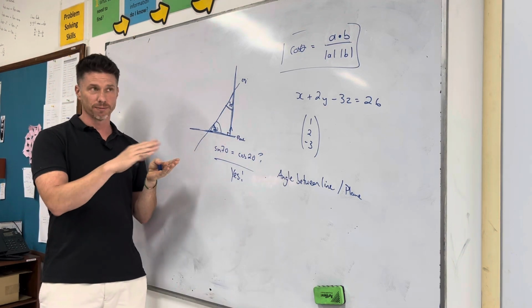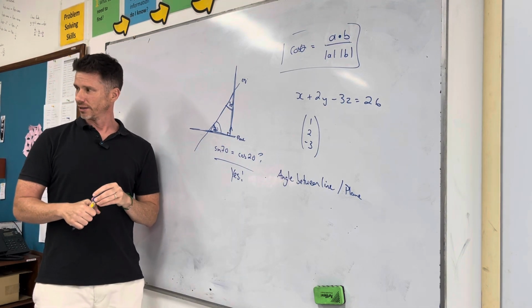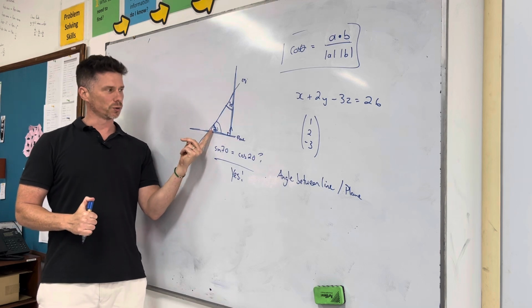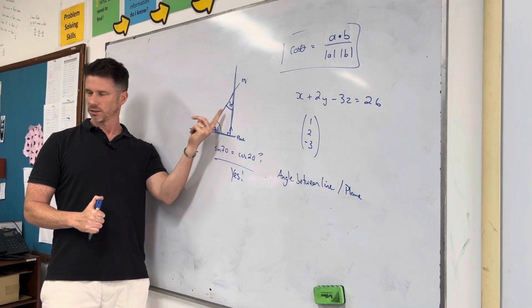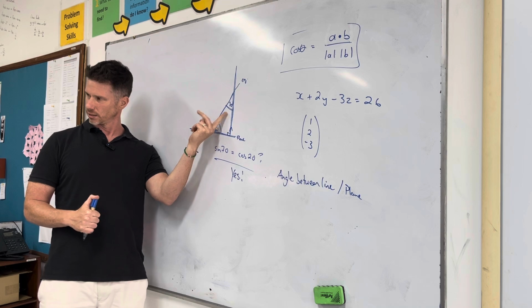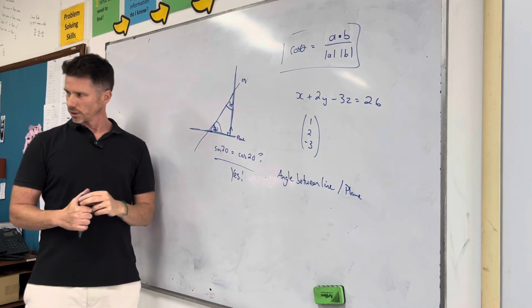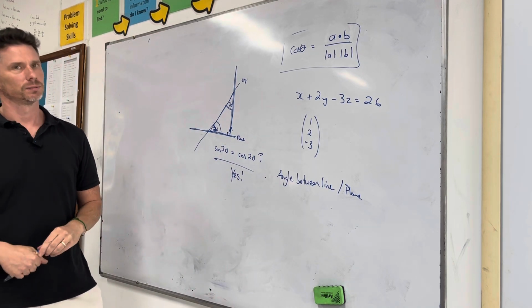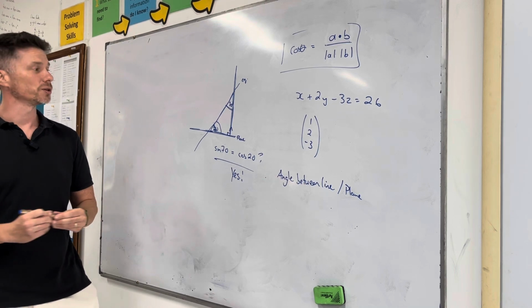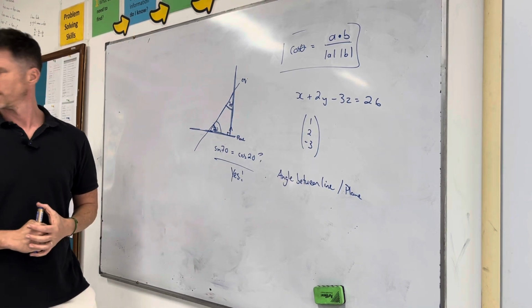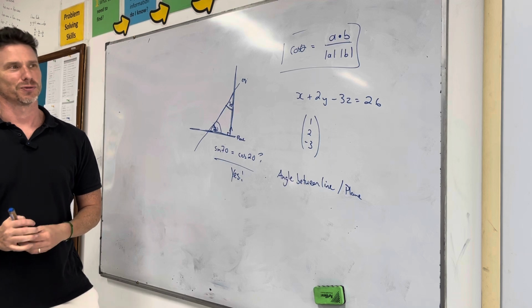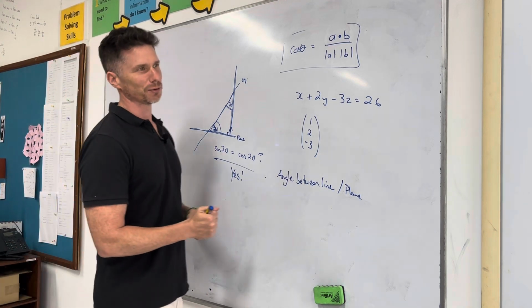But it works for every angle that adds to 90. The cosine of 20 equals the sine of 70. The cosine of 10 equals the sine of 80. They're the same number, as long as you have a 90 degree.